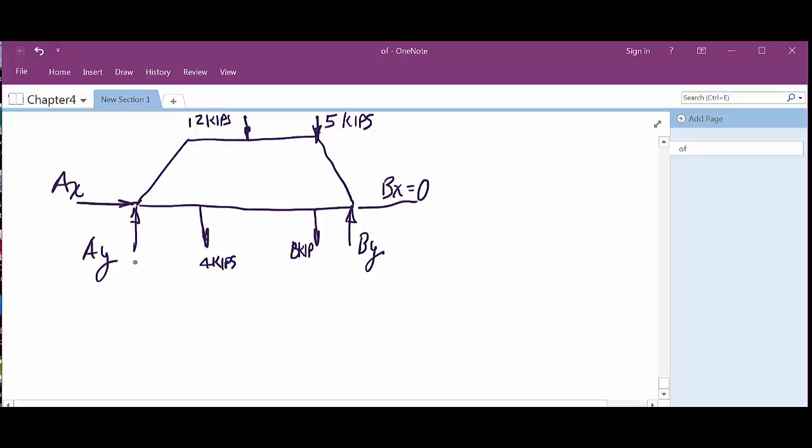Now we have to get some numbers in here for the distances. This is 15 feet. These two, what's that going to be? 45.